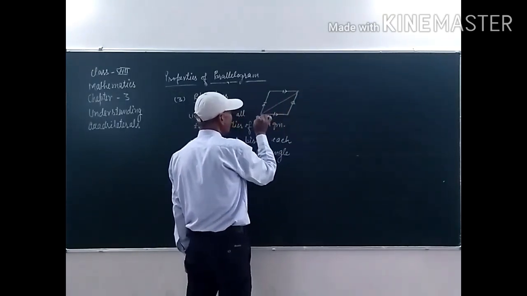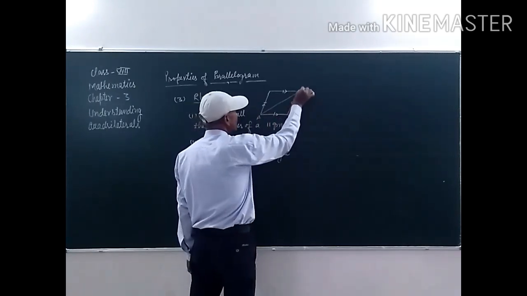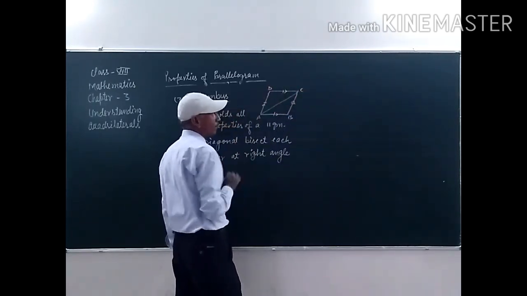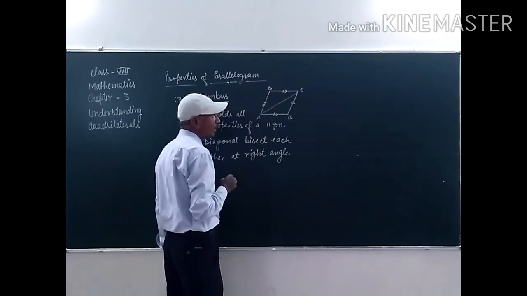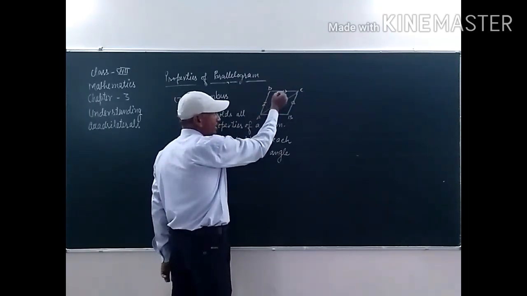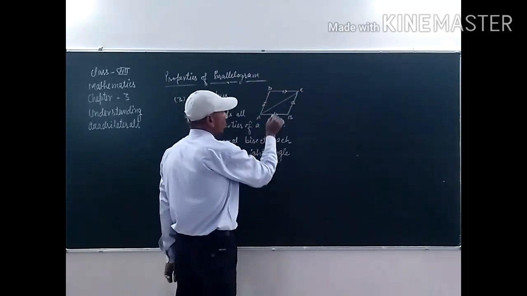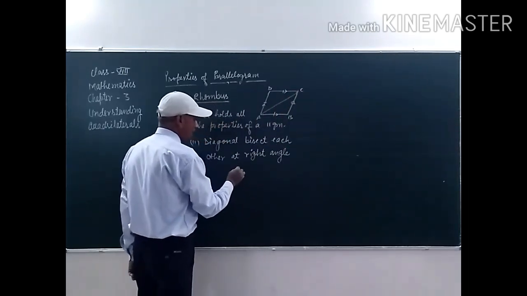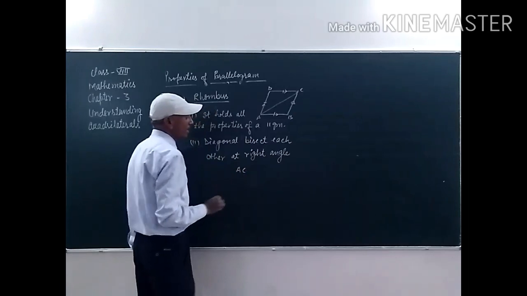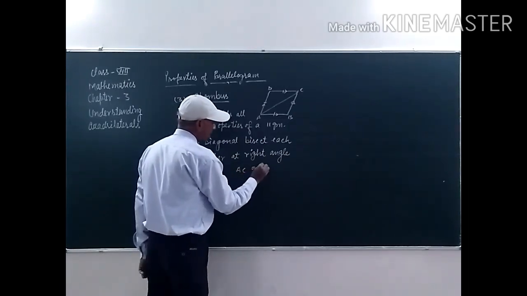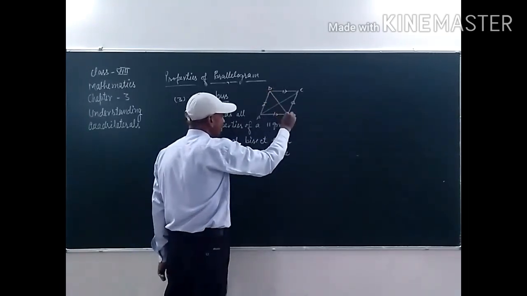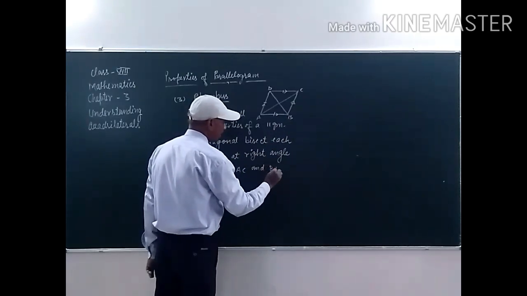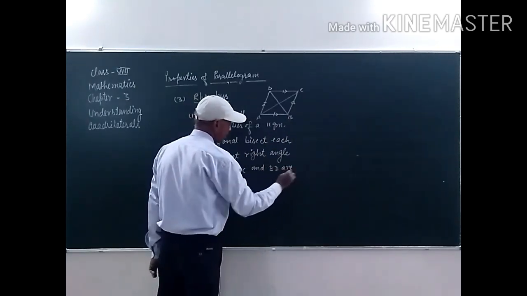This one ABCD is a rhombus. All of its sides are equal and opposite sides are parallel. This one AC is a diagonal, and this one BD is also a diagonal.